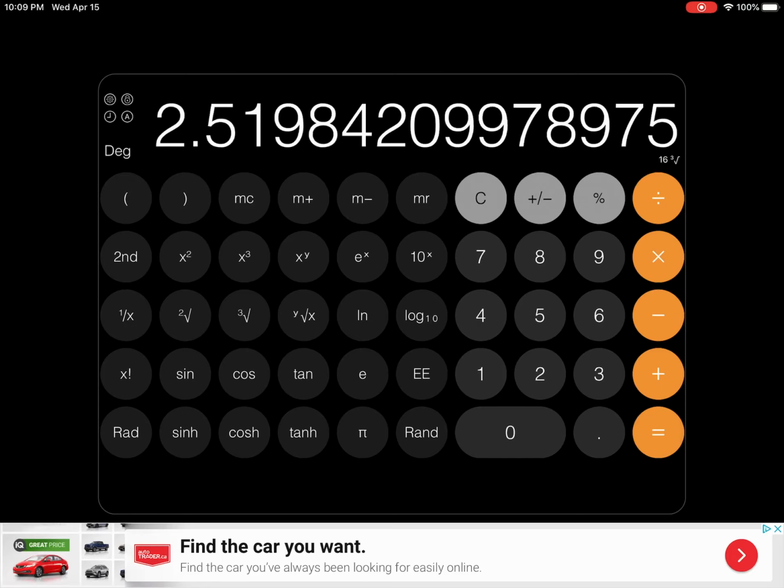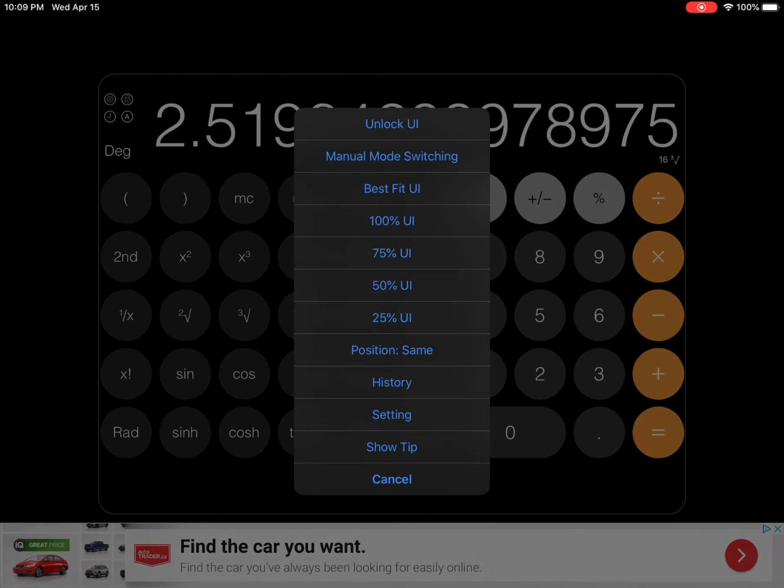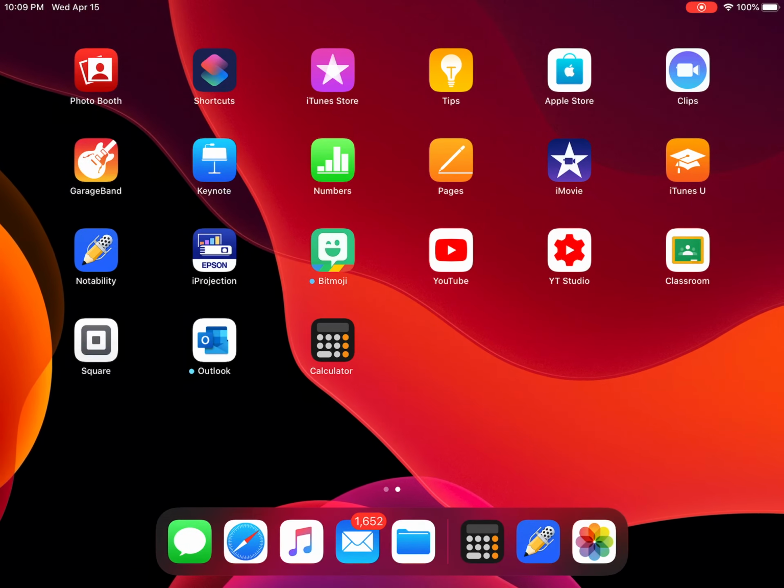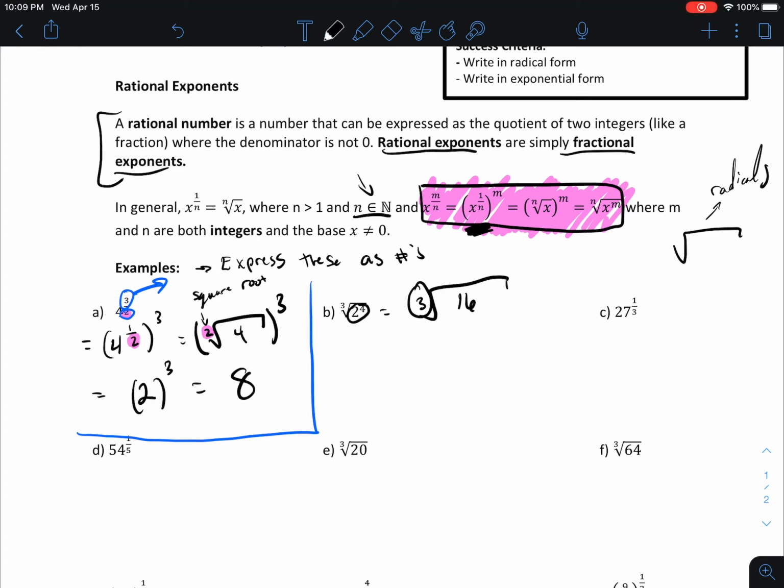So if I type in 16 and then cubed root it, that should be my answer. Remember what I pushed right here, okay? So the cubed root of 16 is going to be 2.52.